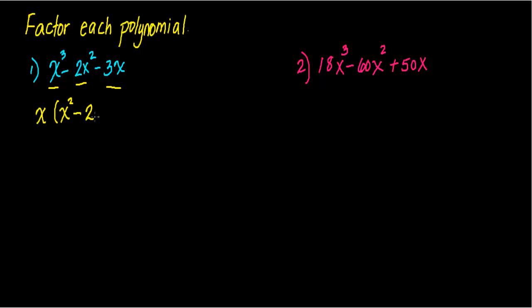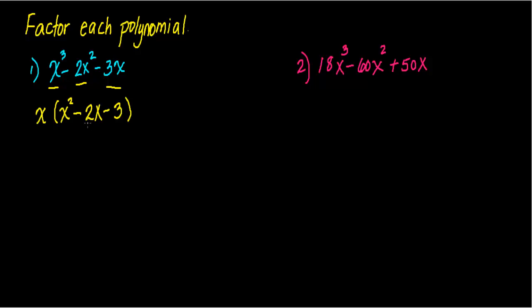I need 2x squared, so 2x times x will give me 2x squared. I'm done with the second term, and now you bring down this minus sign. And now x times what will give me 3x times 3. And that's how you factor when you have something that's in common in all the terms.